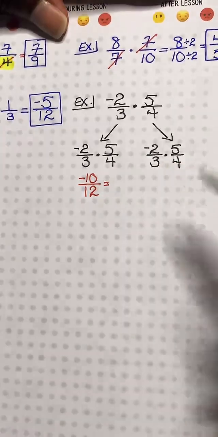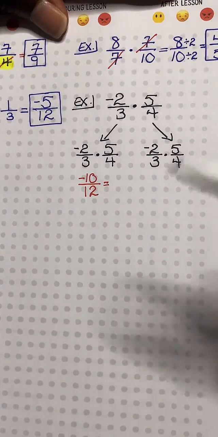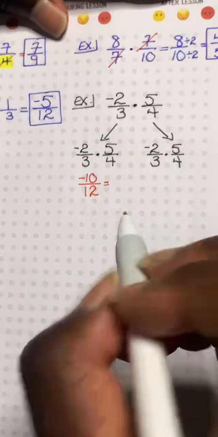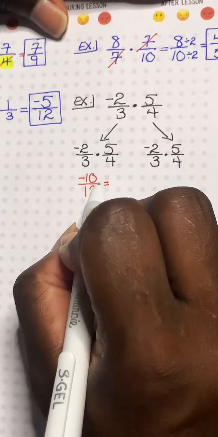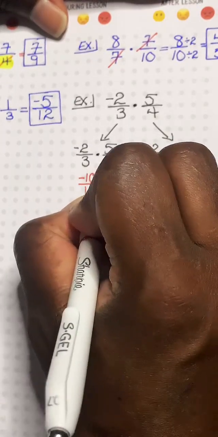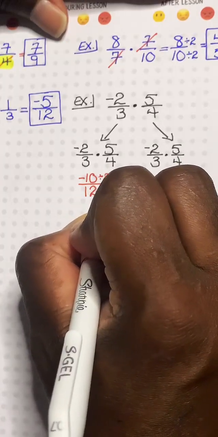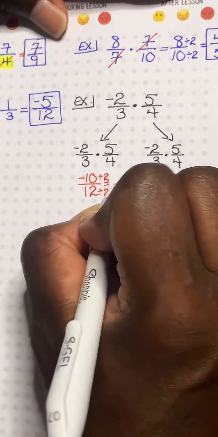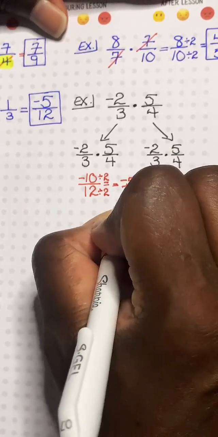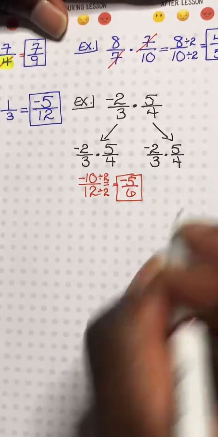But since both negative 10 and 12 are even, I can reduce by 2. If I divide my numerator by 2 and my denominator by 2, I would get an answer of negative 5 over 6. Okay, so that's one way of doing it.